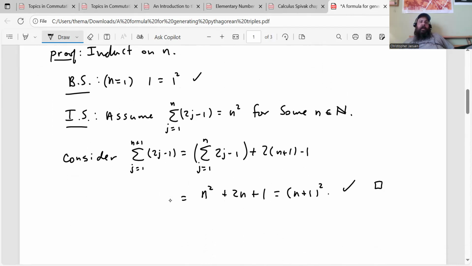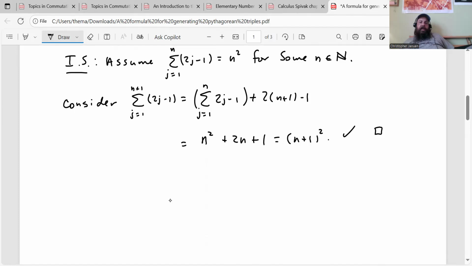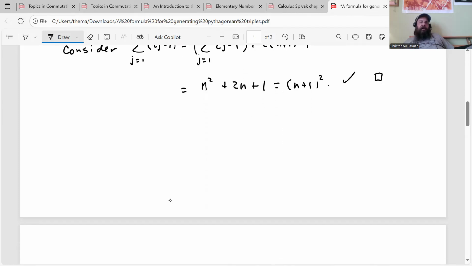Okay, so now that we have this lemma, let's use that to derive a formula for the Pythagorean triples. Okay, so take n plus 1 large enough so that 2n plus 1 is a perfect square.